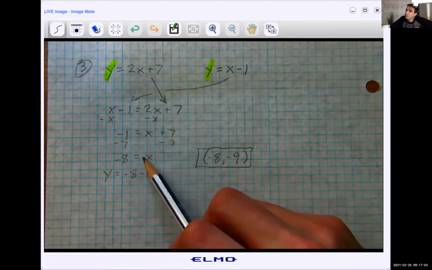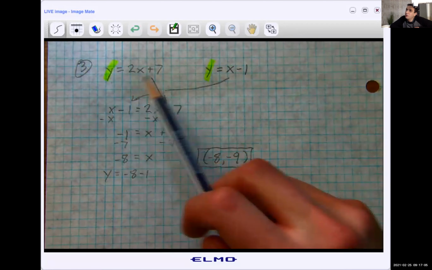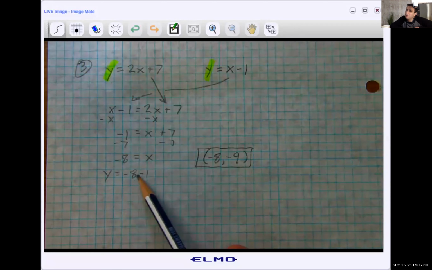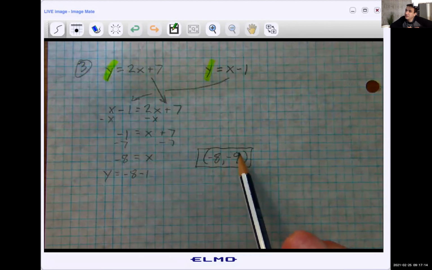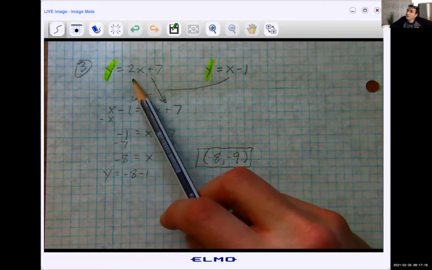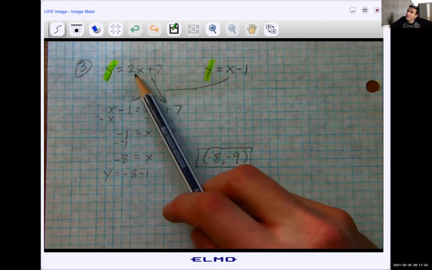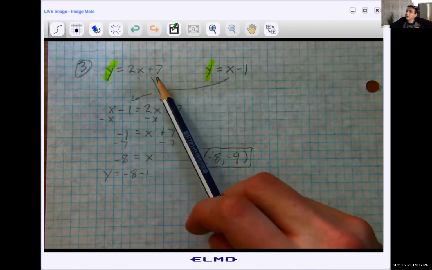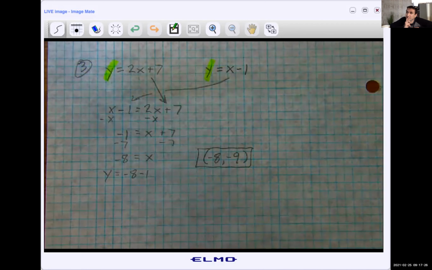And then I could either plug the -8 in here or in here. I chose to put it in this one. So then I just had -8 minus 1. And so if you take away 1 from -8, you get -9. I could have done it in this one. It would have been 2 times -8, that's -16. And -16 plus 7 would be -9.